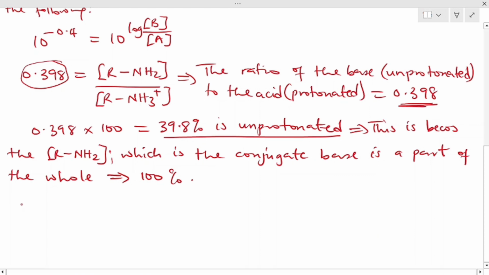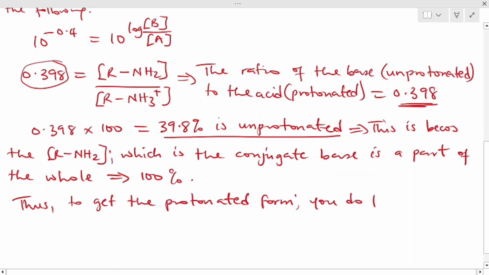Thus, to get the protonated form, you do the following.